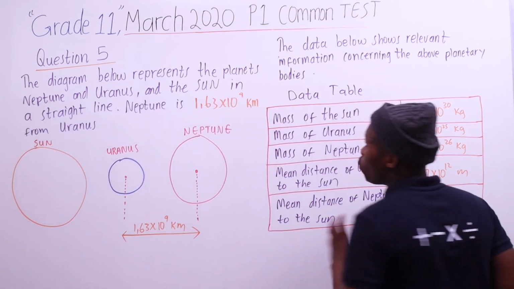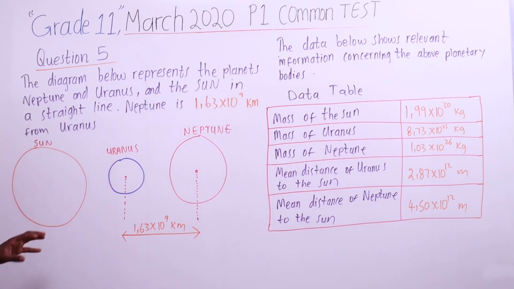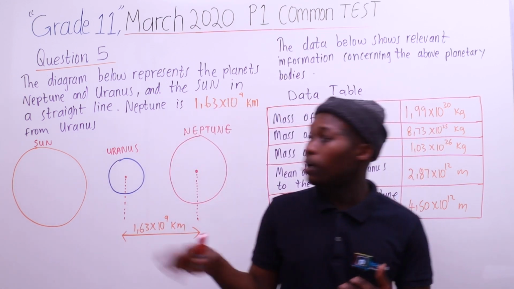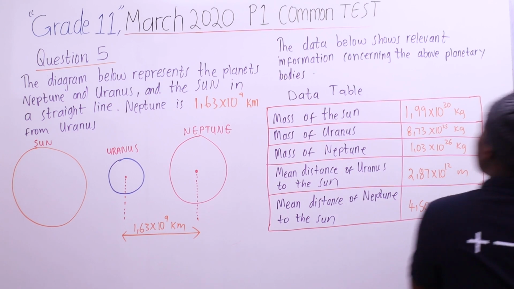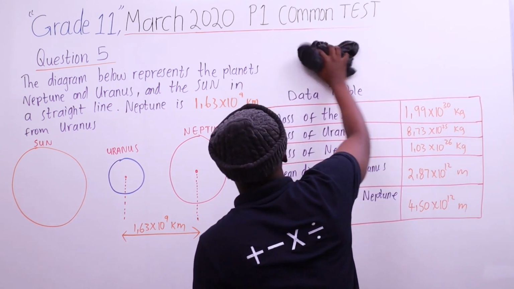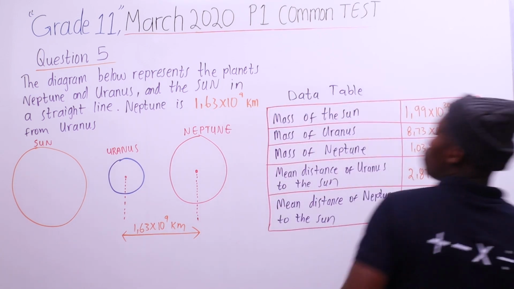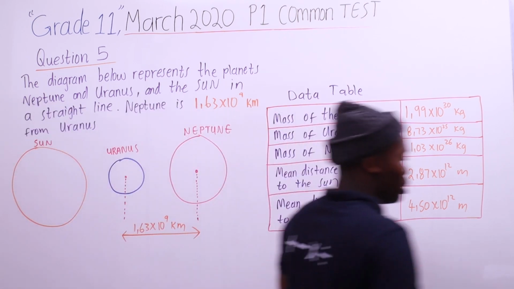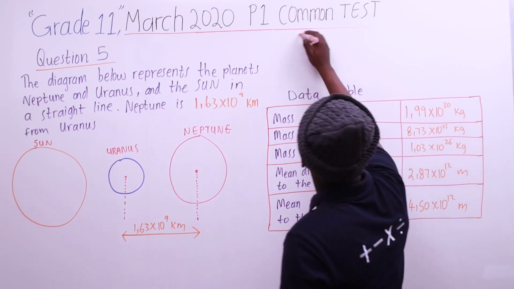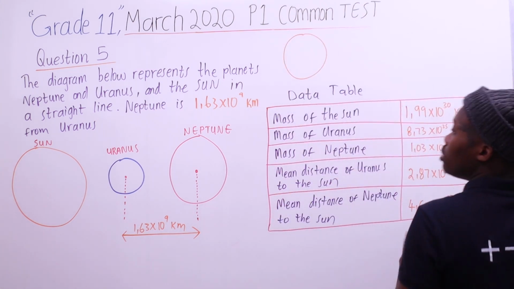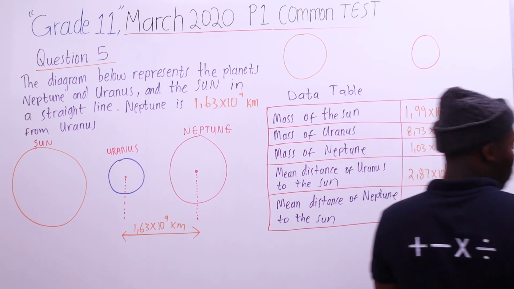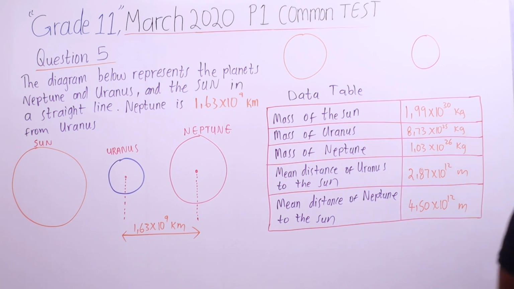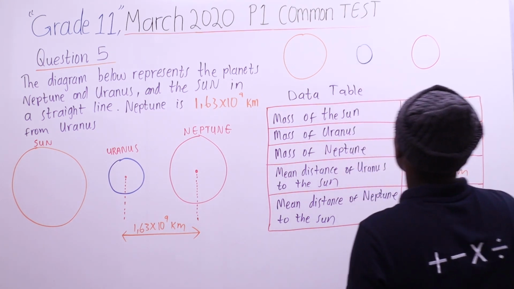We start by calculating. But what I'll do, so that you can reference while we calculate, is this: if you don't have this paper, send a message and ask for it, and then rewatch the episode again. What I'll do is remove the statement here, because they already told us that this data belongs to these planetary bodies. So we could draw again here.